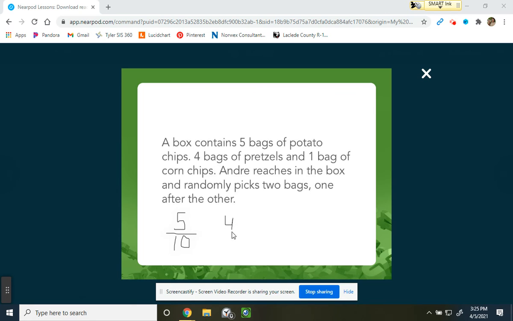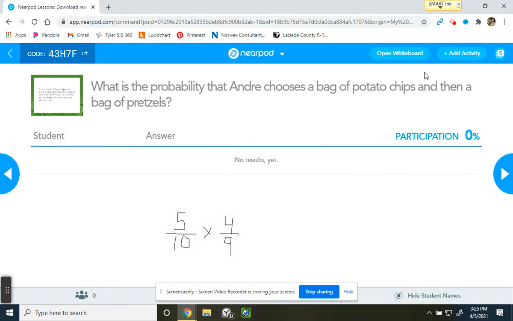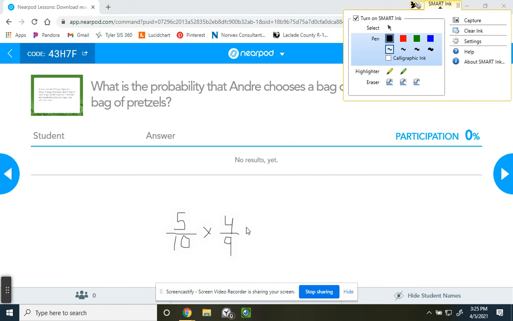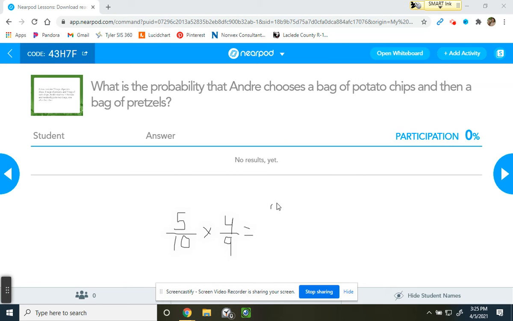So 4 bags of pretzels are left, but he has already picked a bag of potato chips. So now I don't have 10 bags, I have 9 bags. And I multiply those together. So 5 out of 10 times 4 out of 9 gives me 2 9s. Bam.